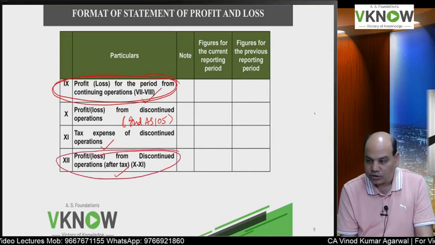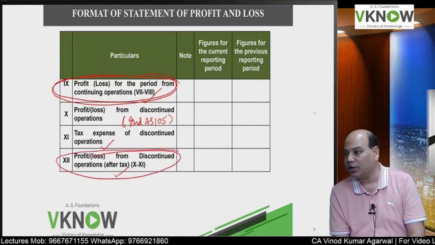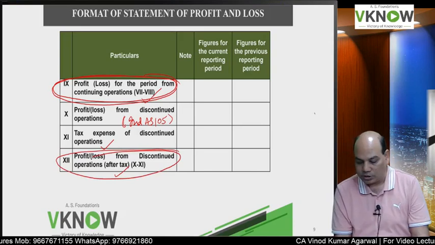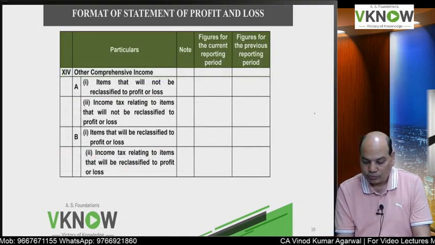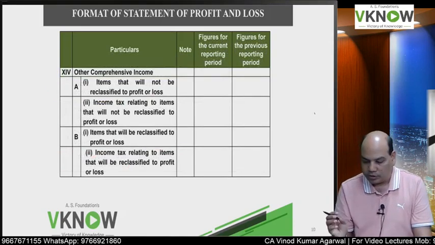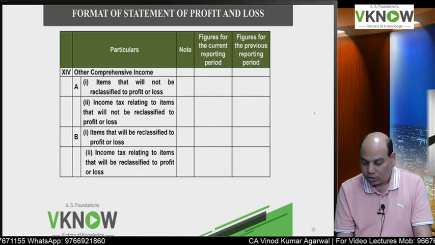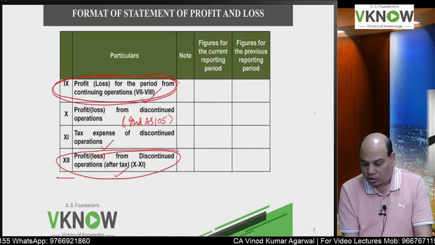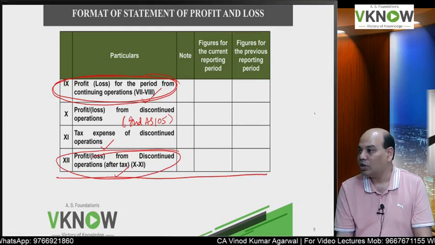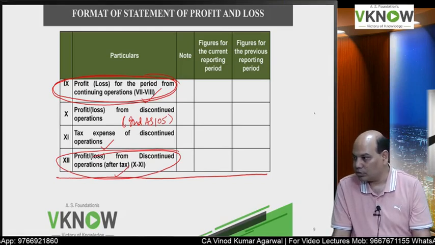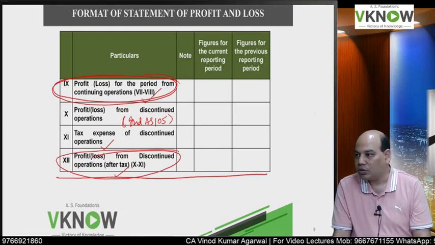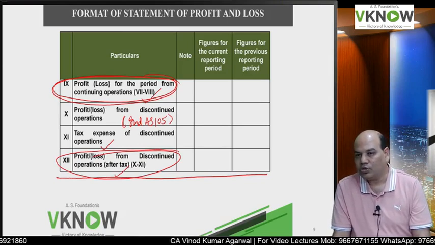Paragraph 12 on the screen is profit or loss after tax from discontinued operation. So if you add the two, that will give you total profit. Is it right? Up to this is called part 1 of the statement of profit and loss, where we show profit and loss items.